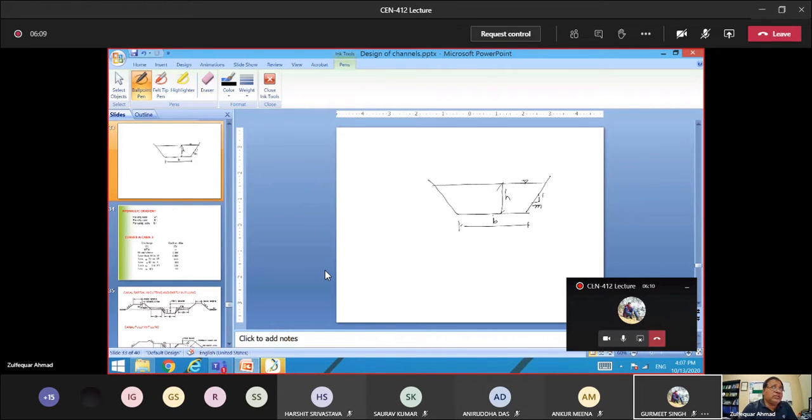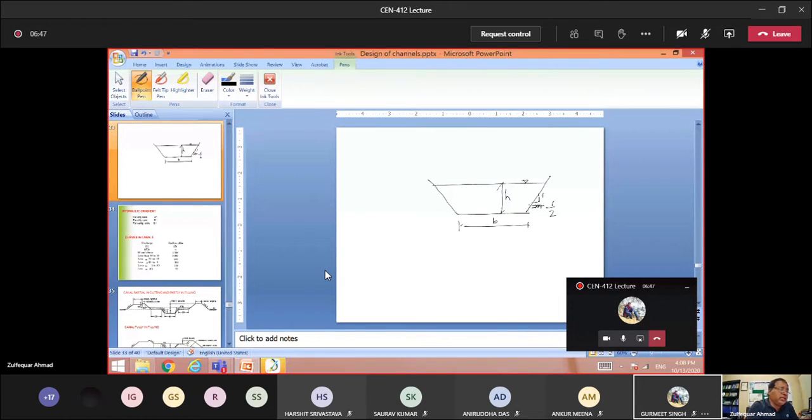In the case of the alluvial channel, one thing I had discussed with you is the side slope. In the regime condition, this side slope m comes out to be half, that is, one vertical and half horizontal. At the time of construction, you will not attain this. The canal may be in cutting or in filling, but you will not attain this.